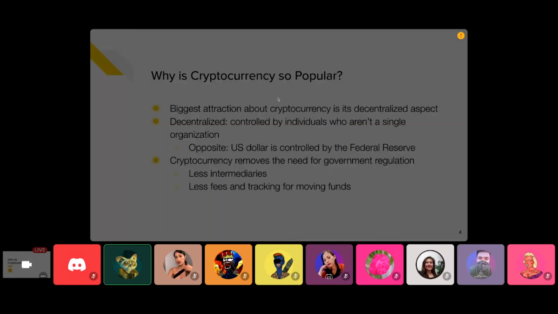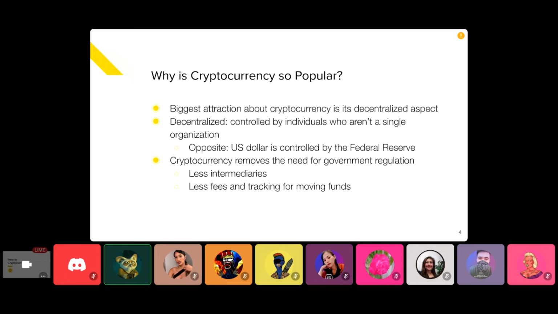So then the next one is, why are cryptocurrencies so popular? The main reason is their decentralized aspect. To explain what decentralization is, it means that it's not controlled by a single government. It's controlled by the individuals or the people who own that currency and are part of that ecosystem and that organization.